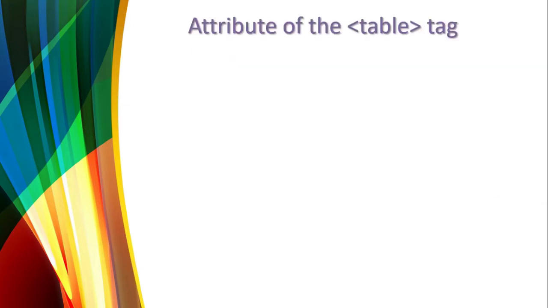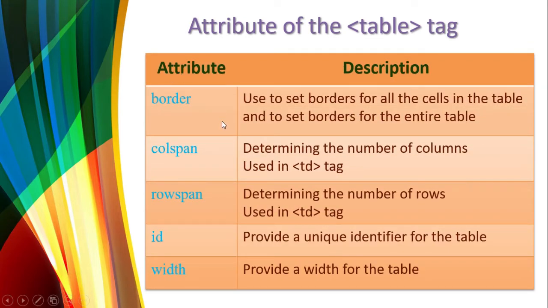Let's see what the attributes of the table tag are. There are some attributes which we can use within the table tag. Let's see what they are. Border. It is used to set a border for all cells in the table or the entire table. Colspan.